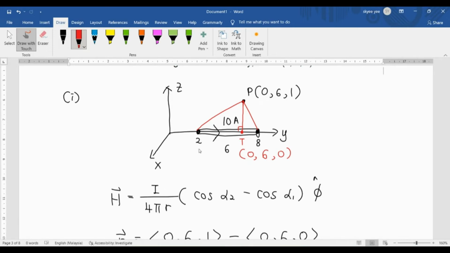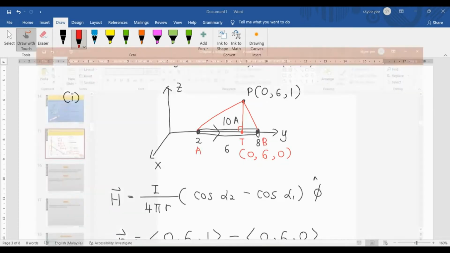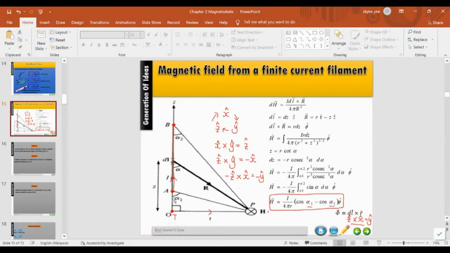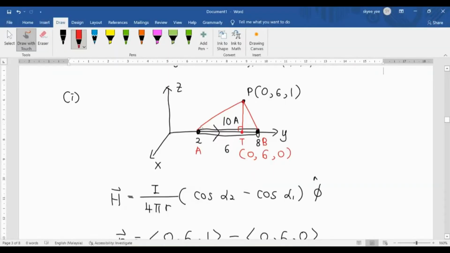Yes, very good. A, because it has the smaller value, so this one will be B. Remember, the one attached to the smaller value will be alpha 1. So this one will be your alpha 1.